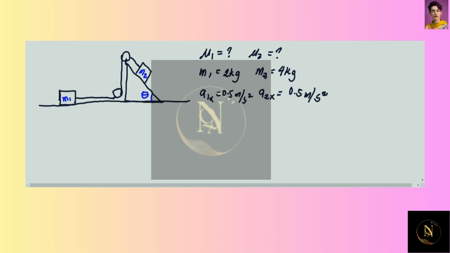Now, this problem involves applying Newton's laws of motion in order to determine the friction coefficients. Let's start with mass 1. Let's draw again individually the forces acting on this body.